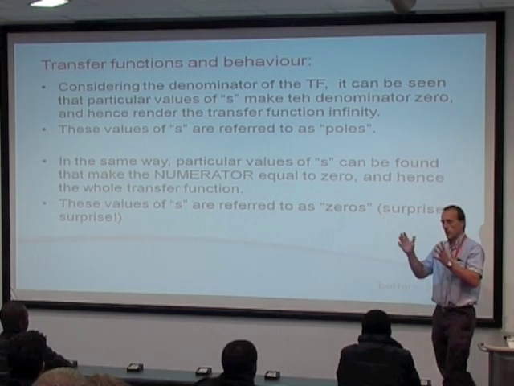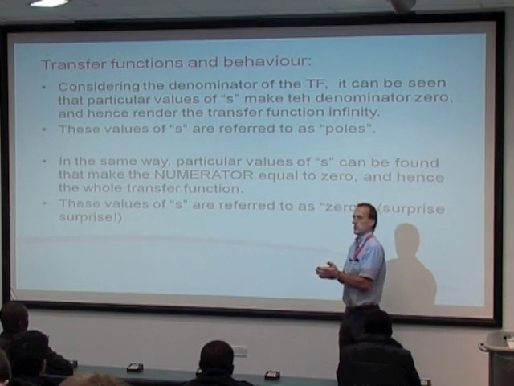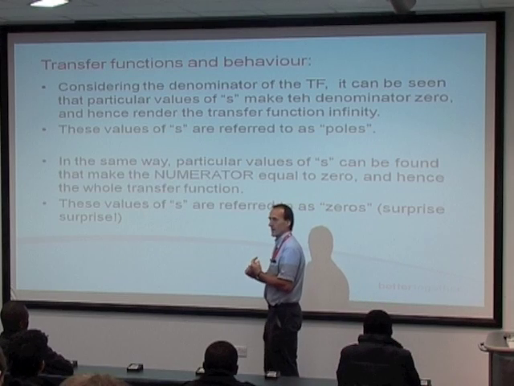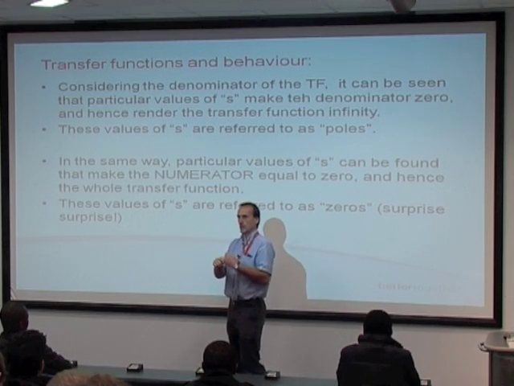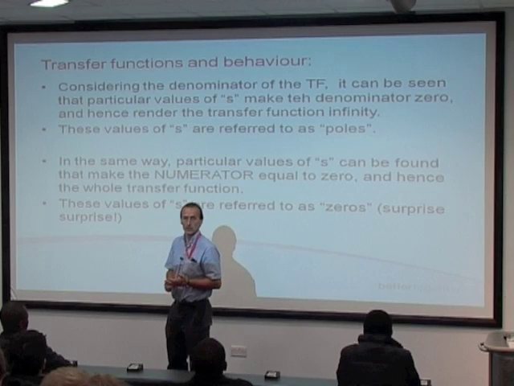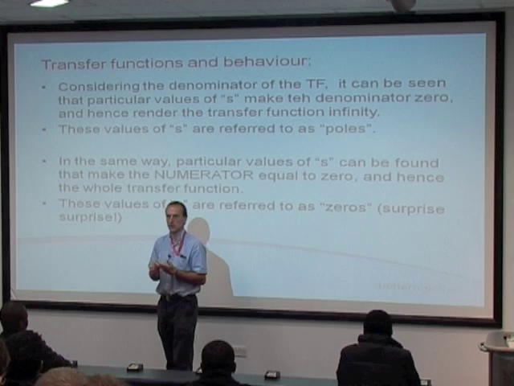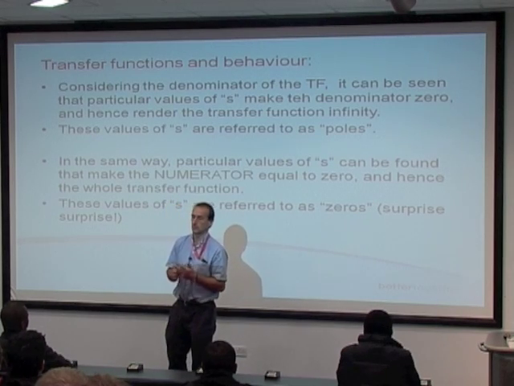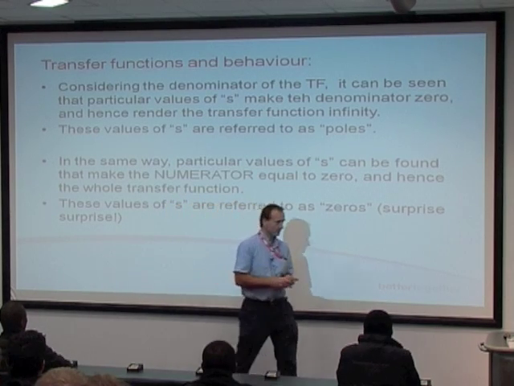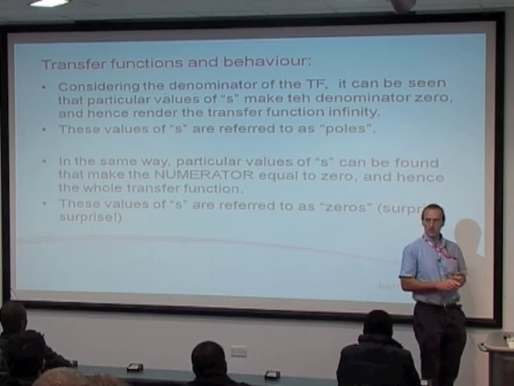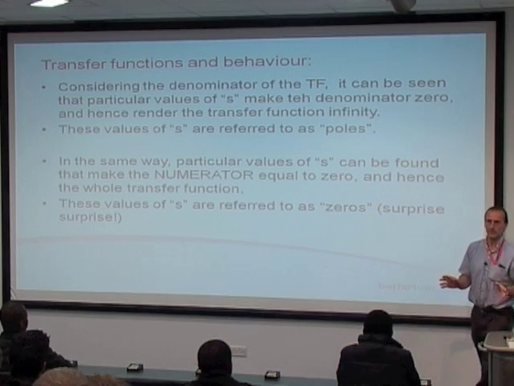Okay, so if we have an algebraic transfer function, we can identify values of s that make the whole thing infinitely large. They're called poles. And we can identify values of s that make the whole thing equal to 0. And they're called zeros. We okay so far? That's the concept.